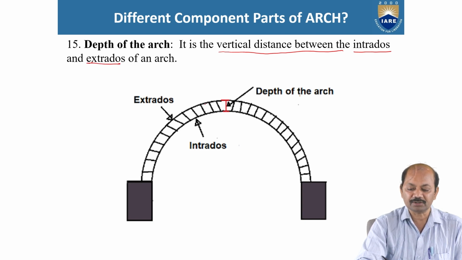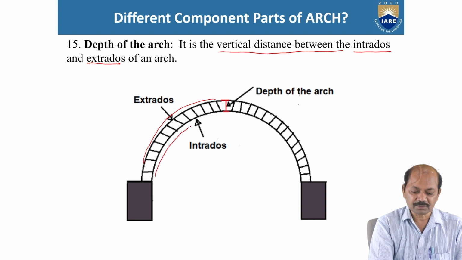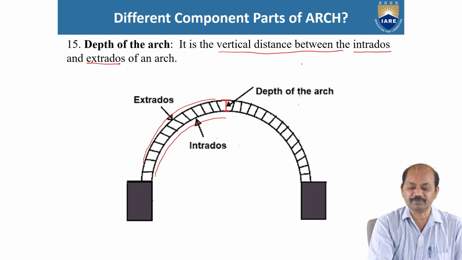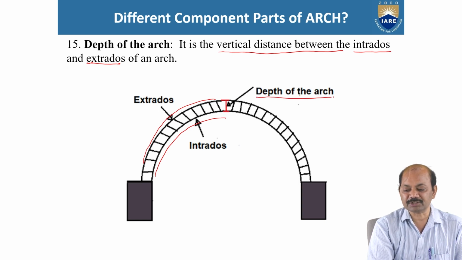Extrados means here. See the figure? This is extrados, and this is intrados. The vertical distance between the intrados and extrados of the arch is called the depth of arch.